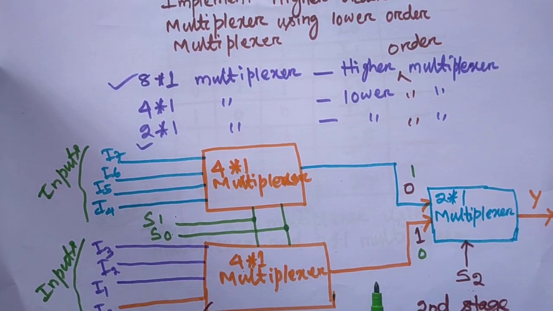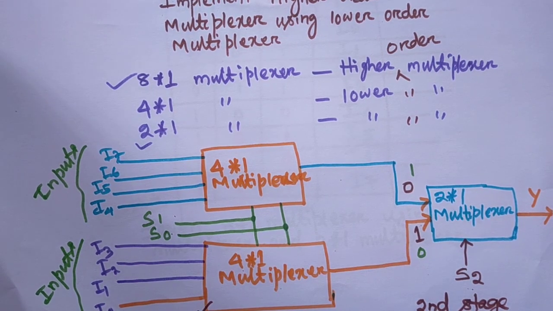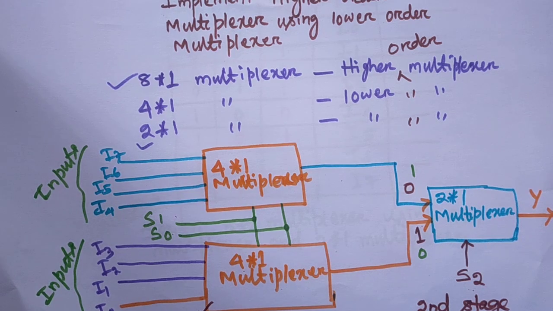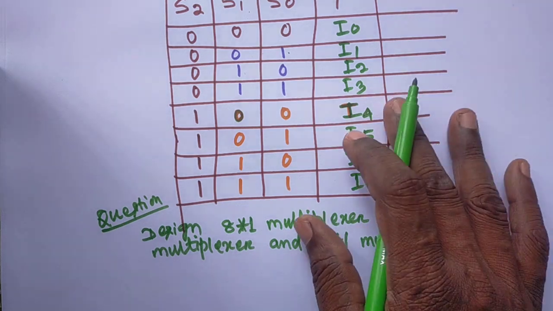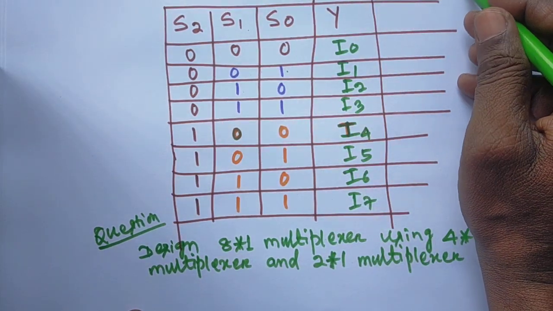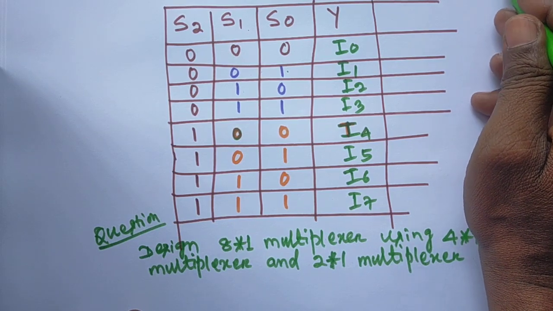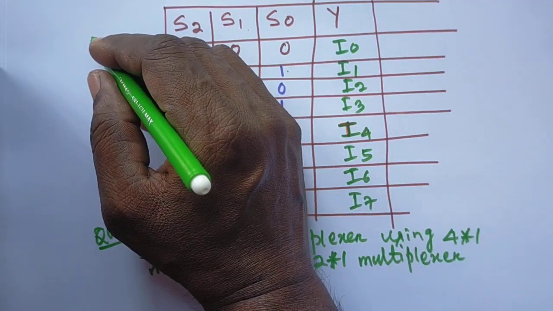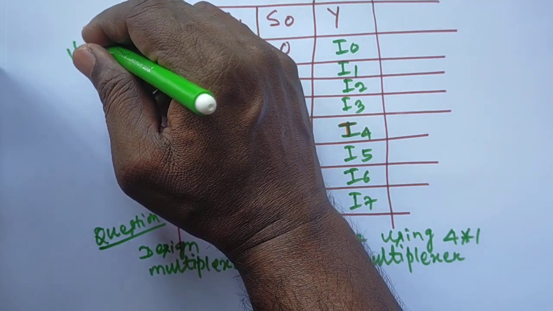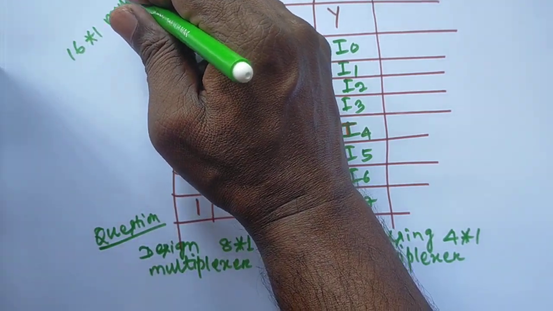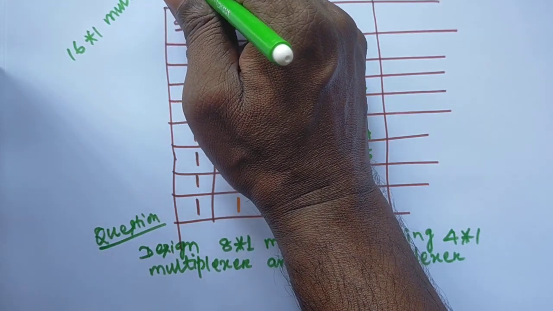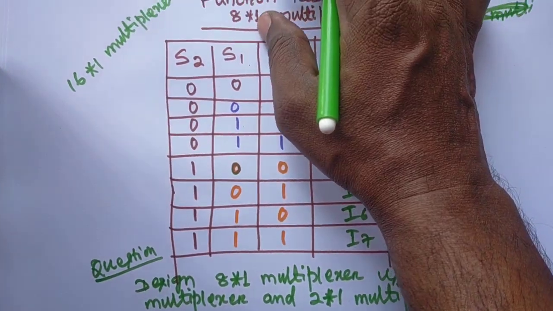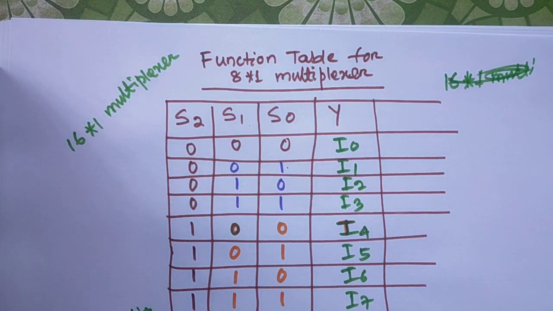But sometimes a more complex question may arise, like designing a 16-1 multiplexer. How to design a 16-1 multiplexer with the help of an 8-1 multiplexer, 4-1 multiplexer or 2-1 multiplexer?